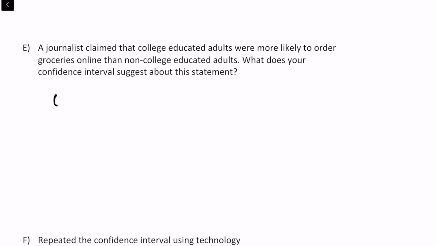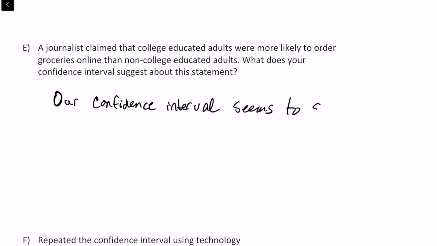Well, our confidence interval seems to support this claim, right? We seem to agree with the journalist because, once again, all of the values in our confidence interval are positive.